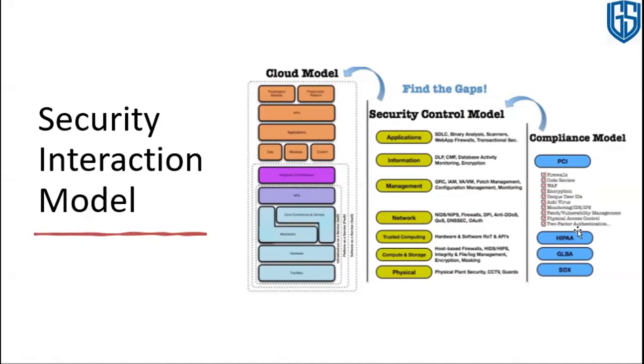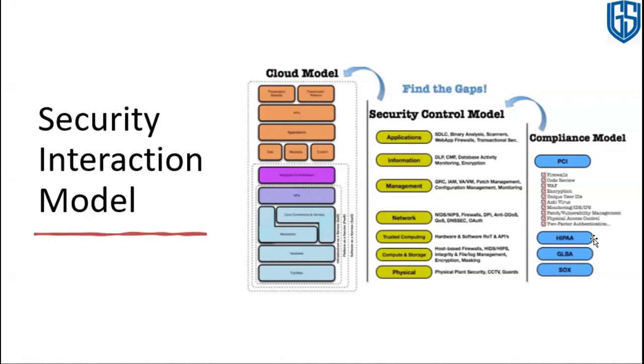Then there is the HIPAA model, the blue one, the second one in the compliance models. The HIPAA model refers to the health of individuals of any country, their health records, and overall many other things which are related to health.